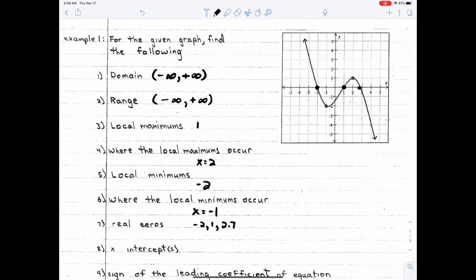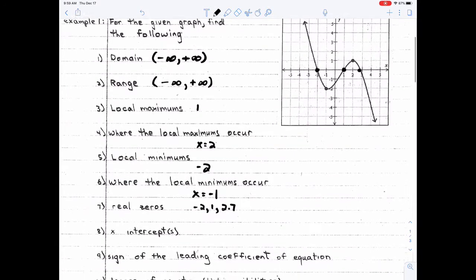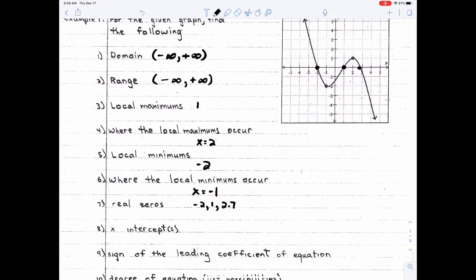Okay? Real zero is just the same thing as an x-intercept. As an x-intercept, we're just going to write it as a point. So that's negative 2, 0, 1, 0, and roughly 2.7, 0. Okay, sign of the leading coefficient.